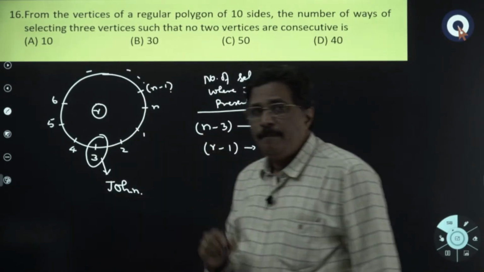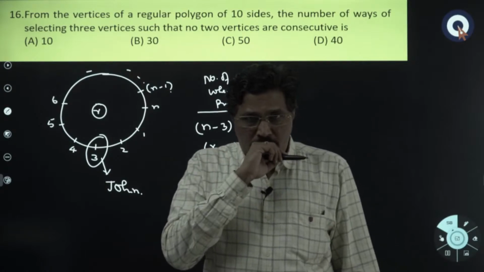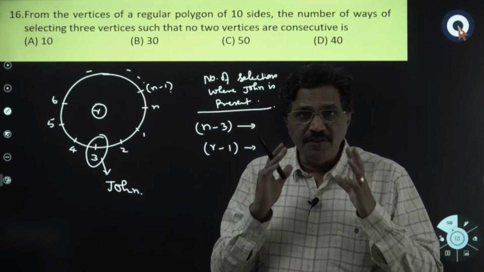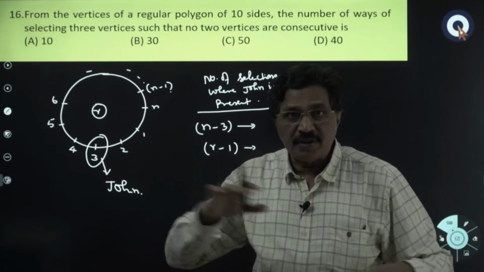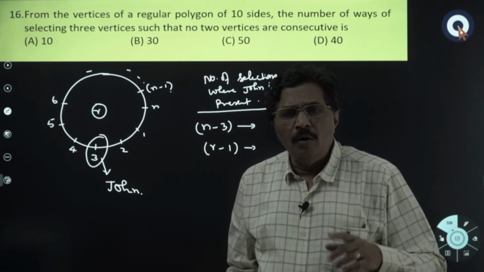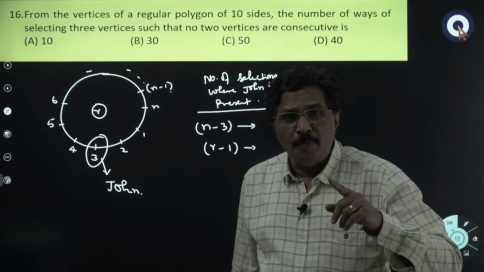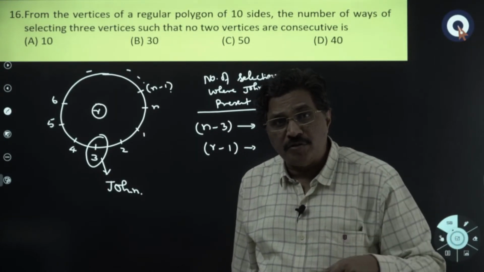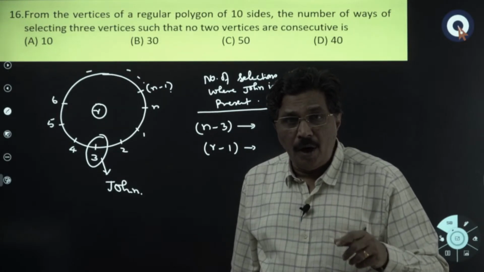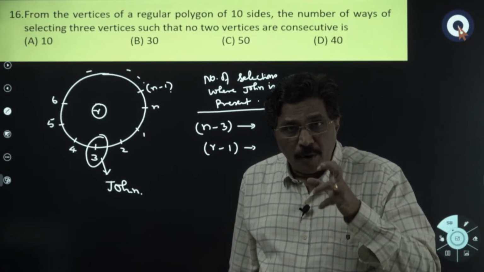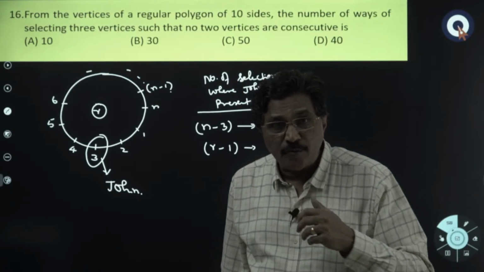I repeat once again. These n people are standing around a circle holding their hands. This is a circular arrangement. Now, we want to select any r people such that no 2 of them are consecutive, in which John should be one of the persons. That is the case we are doing now.